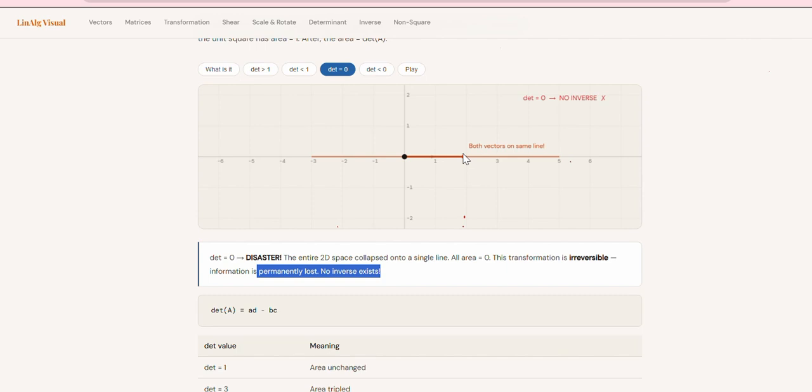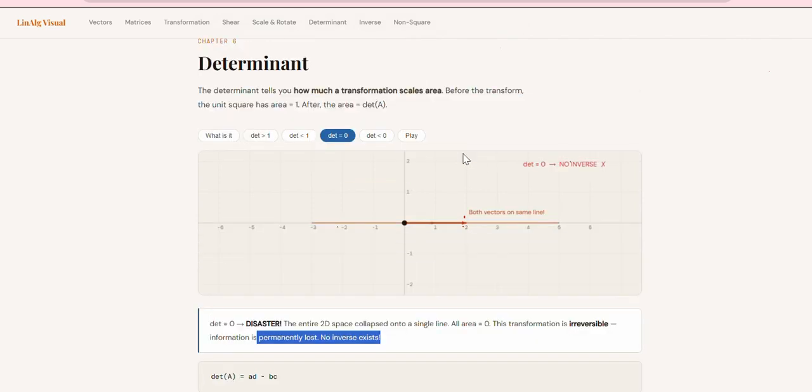Because when the determinant is 0, your dimensions are getting changed, and when the dimensions are getting changed, you lose information, so you are never going to get back to the original position of any vector. That's why when we talk about matrices and the determinant, we always know that if the determinant equals 0, we can't have any inverse for that matrix, right?